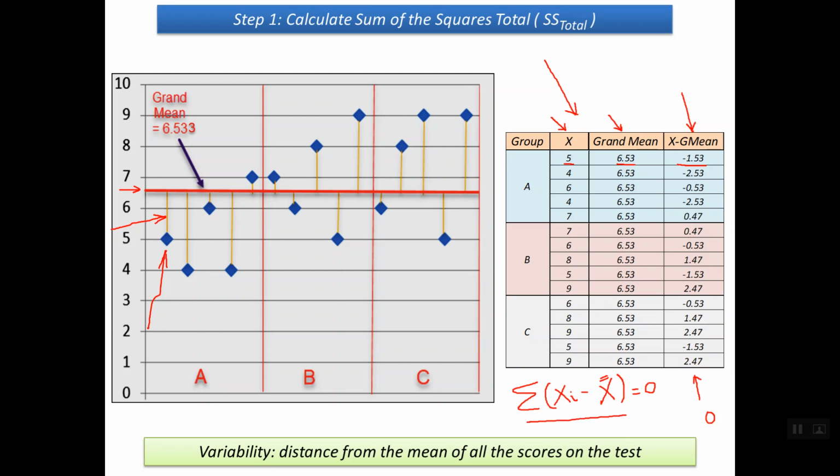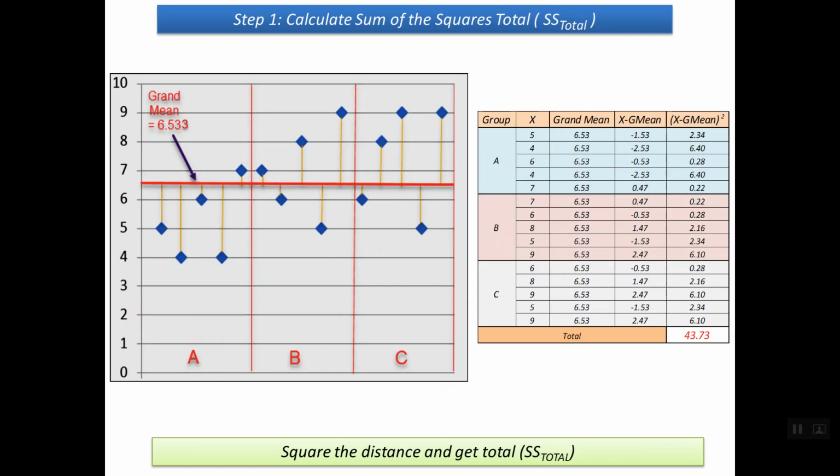So this formula is not preferred to use in order to calculate the variability of the observations from the grand mean.